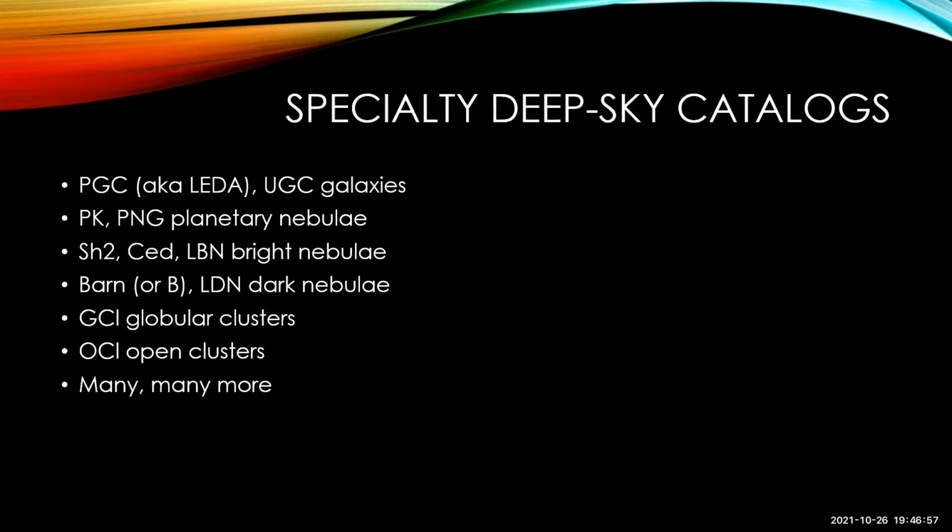And there are many, many more specialty deep sky catalogs. If you got deeply into catalogs, you would begin to learn those. But I think for most people starting out, this is a very good list of the ones that are in greatest use.